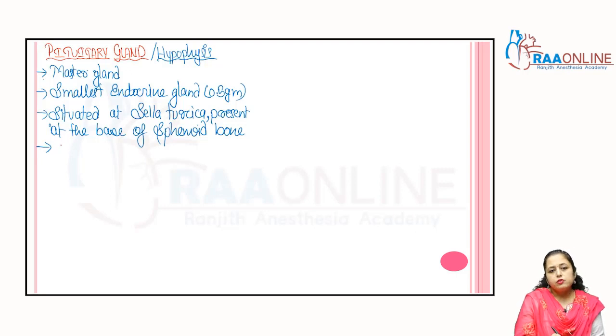Pituitary gland is divided into two. Anatomically, it is divided into two, right? The pituitary gland is situated at the base of the hypothalamus, in the sella turcica, which is present at the base of the sphenoid bone. Now what will happen?